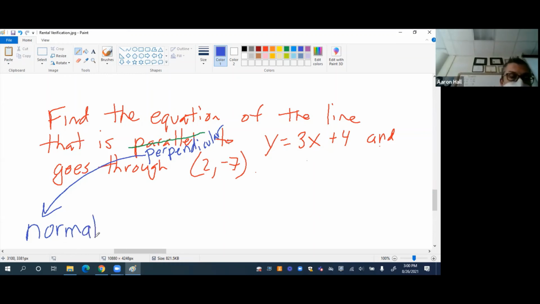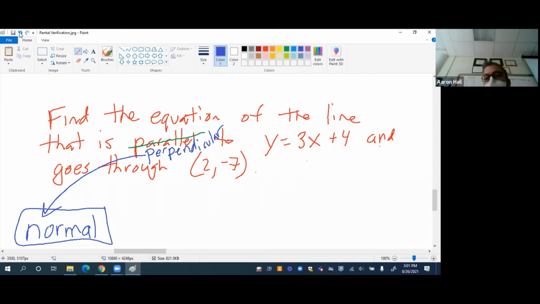The normal. The normal to the perpendicular is the... what do we change the slope to?